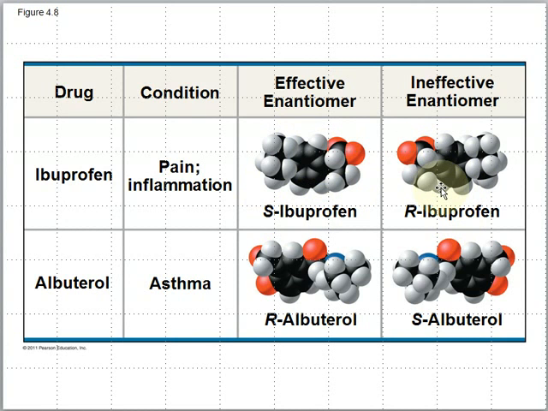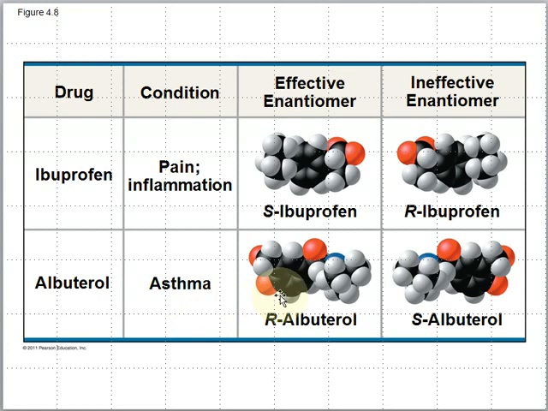But the R ibuprofen is the same molecule as far as the formula. It has no effect. It doesn't do the job. And if you're familiar with albuterol, albuterol is a chemical used for asthma sufferers. It helps shrink inflamed passageways in the lungs and reduce asthma symptoms. Albuterol is the same way.